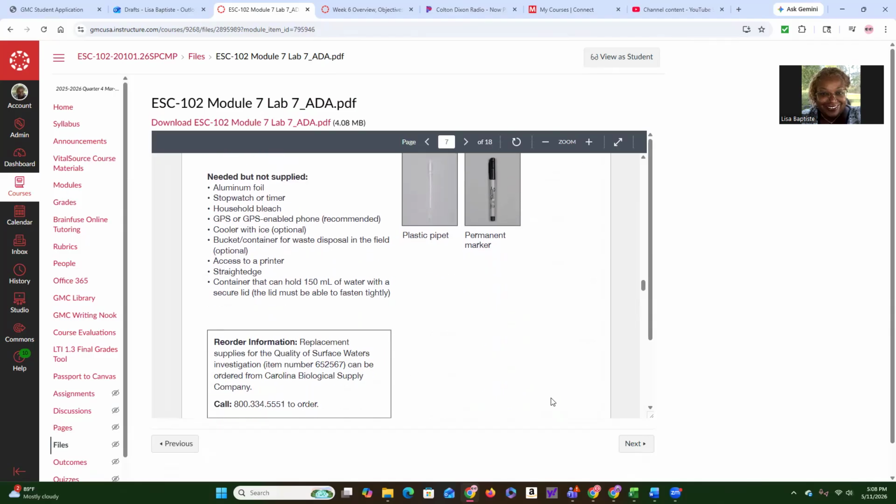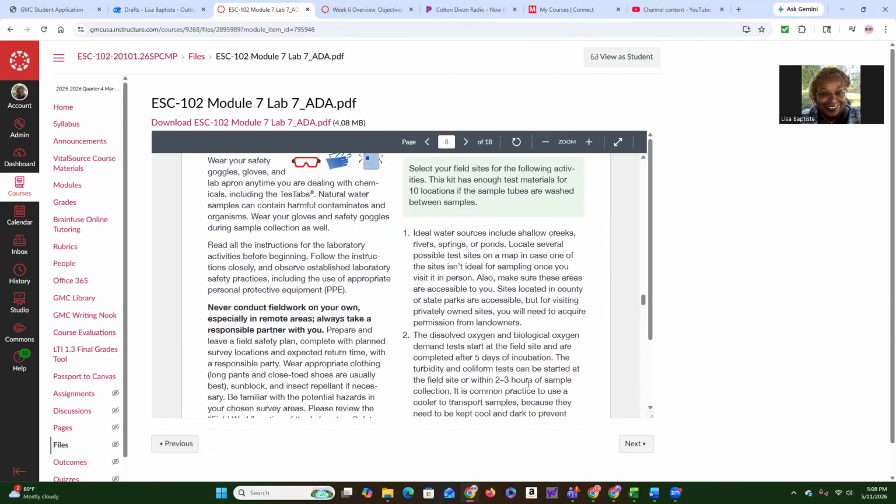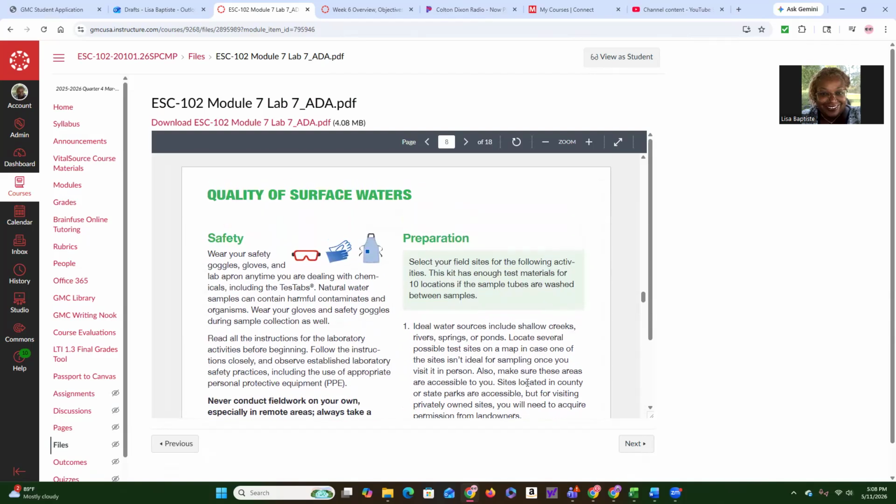That's to get your surface water that you'll need for the test. All right. And then your safety, you want to wear your safety goggles, your gloves, and lab apron anytime you're dealing with chemicals, including the test tabs.